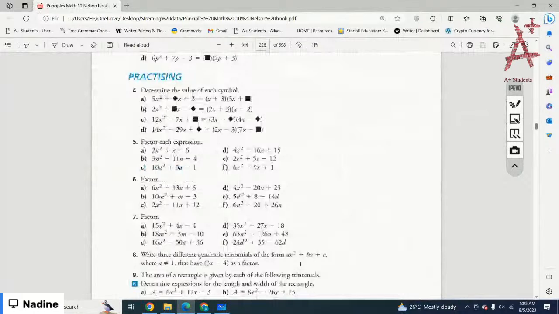So you have to find the missing number. A is 5x squared plus the missing x plus 3. Here you are given x plus 3 and 5x plus missing number. The missing number is 5 for question number 4.